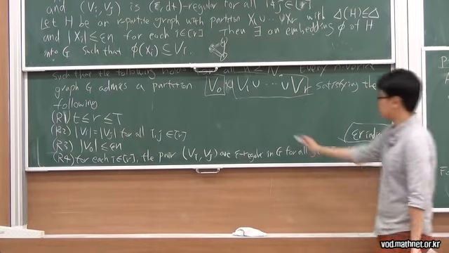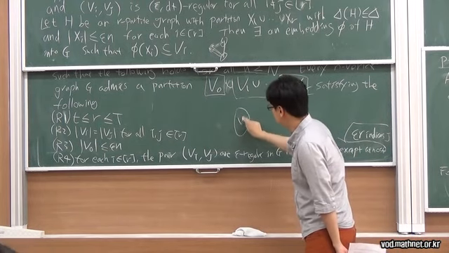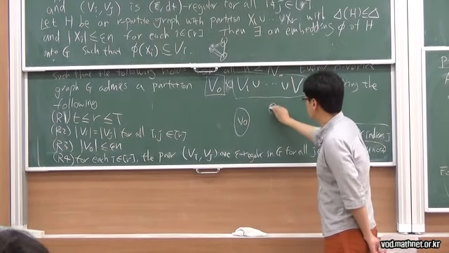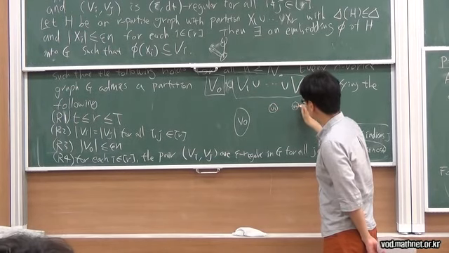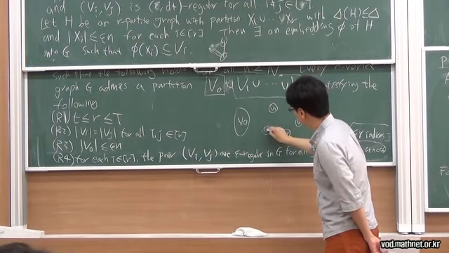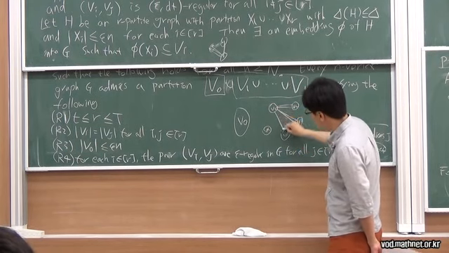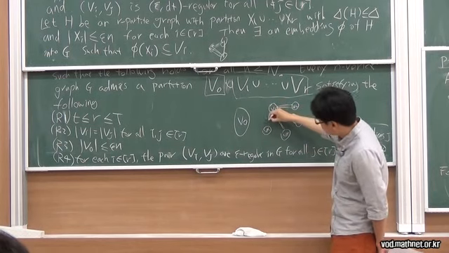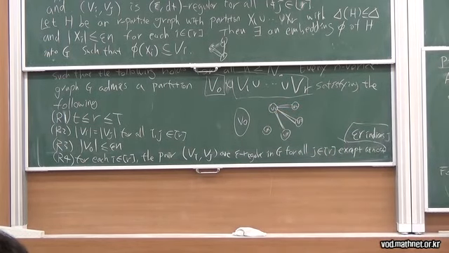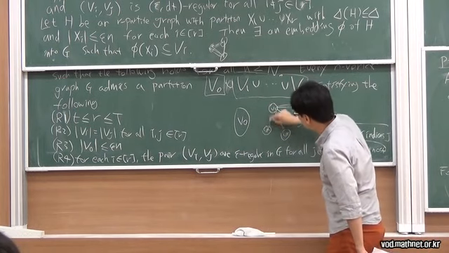So what it means is that the picture is like this. If we have G, we can take V0 and V1, V2, V3, V4, V5. And for V1, this is epsilon regular, and this is epsilon regular, this is epsilon regular. But there could be some exceptional pair which is not epsilon regular.